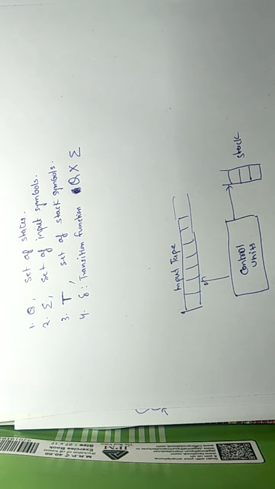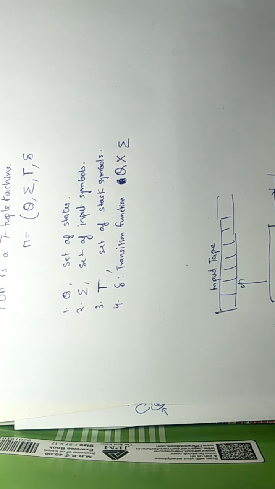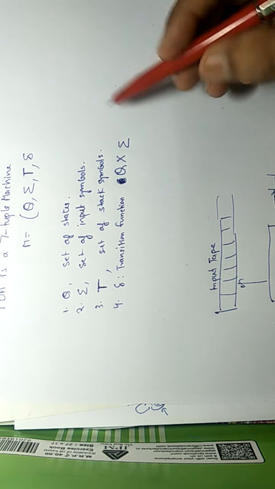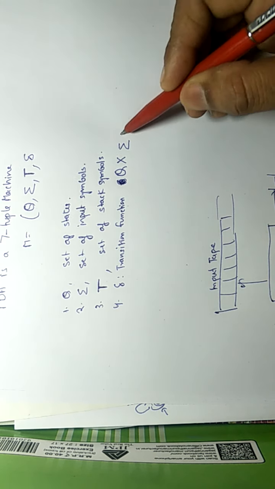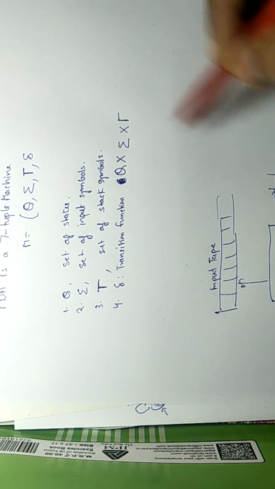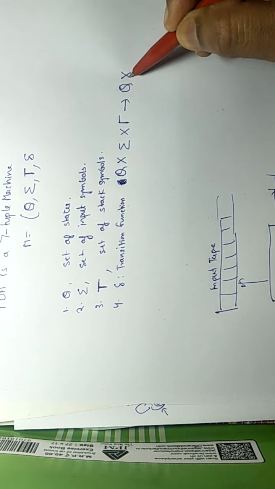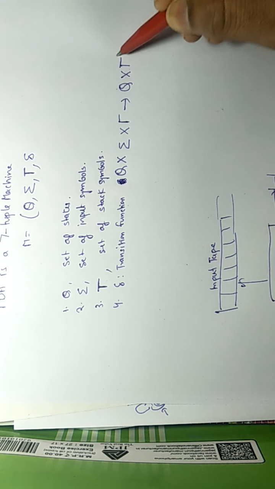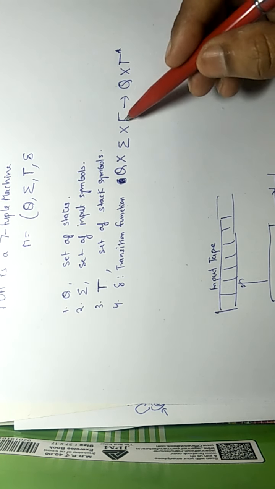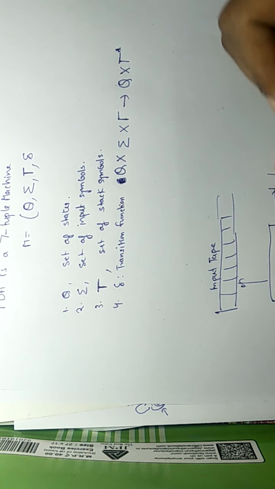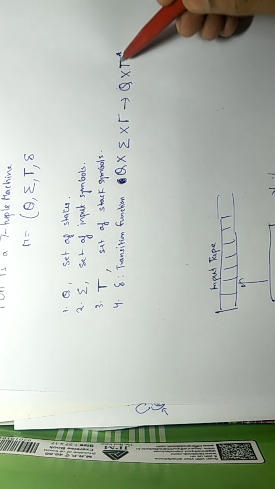So what does transition do? We have a state, we read some input, we see what is there on the top of the stack, and we move to some state and we make some change on the stack. So this is the stack symbol at the top, and we make some change.